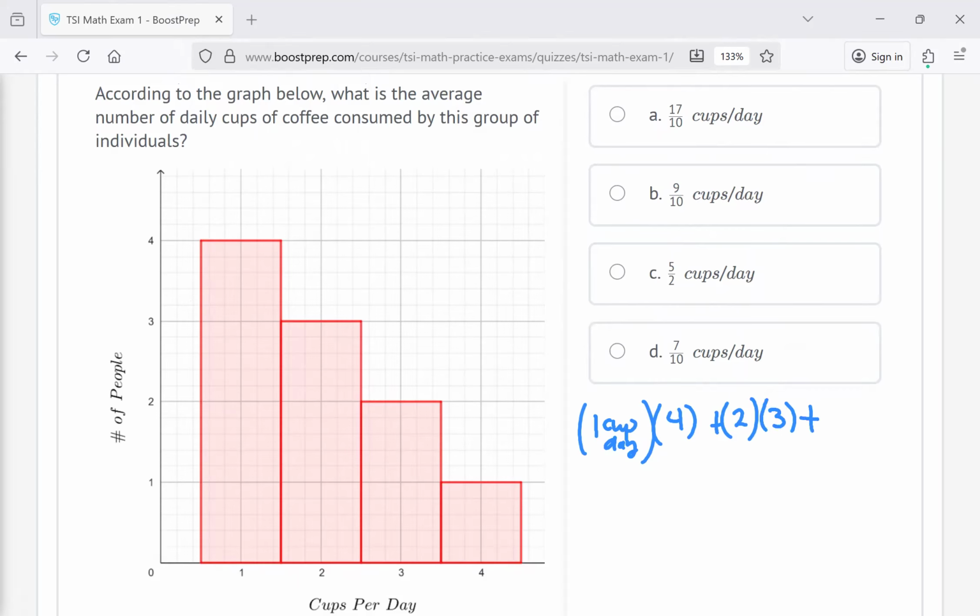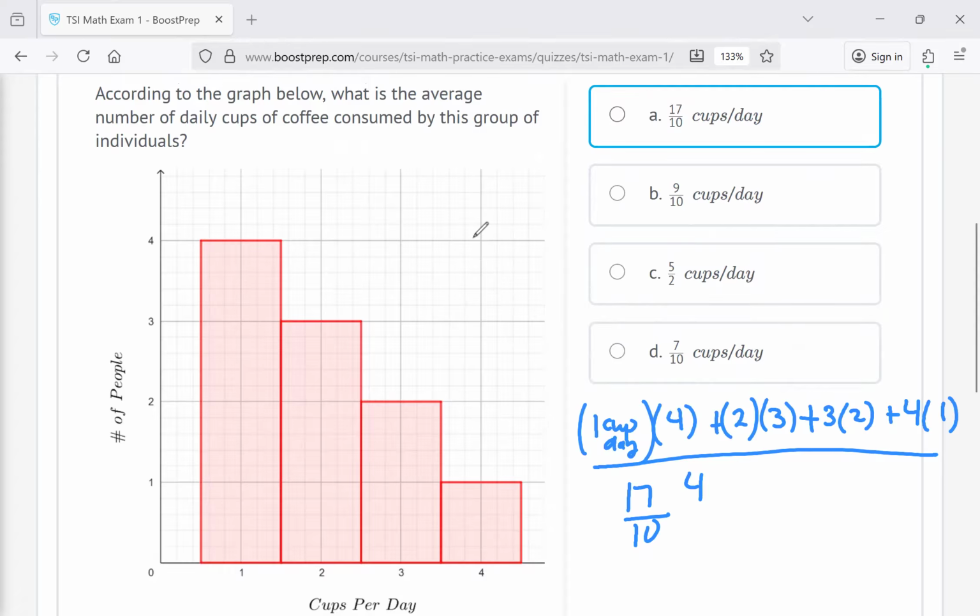Plus 3 cups per day times 2, and 4 cups per day times 1. Then we divide by the total of 10. When you put it all together, your answer should be 17 out of 10, which looks like letter A.